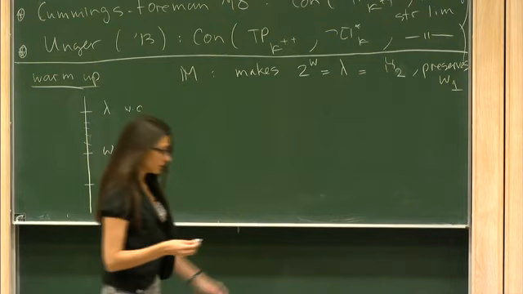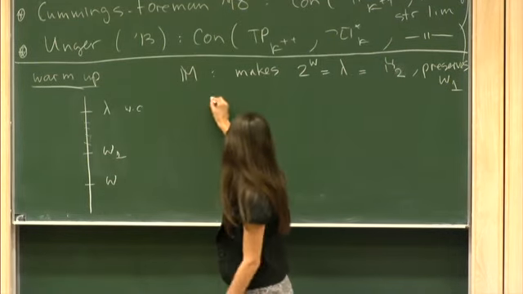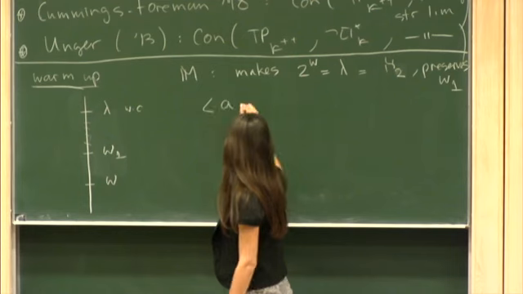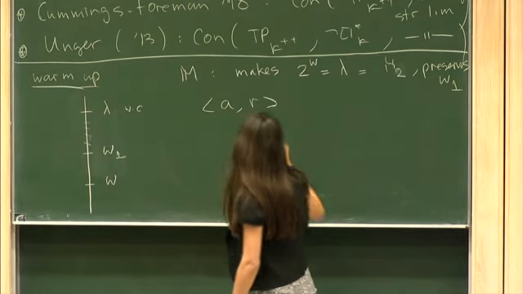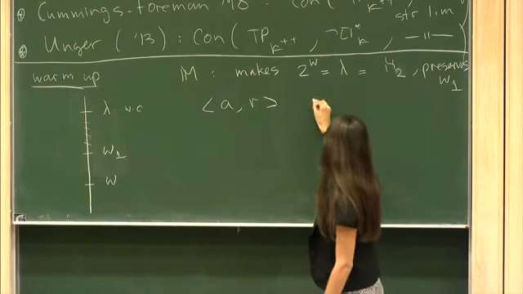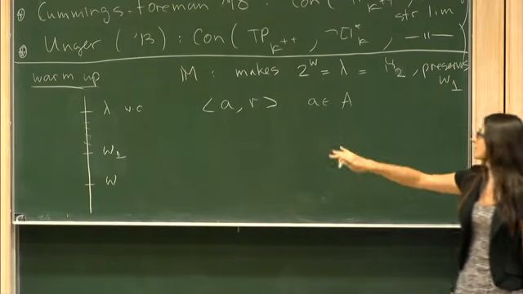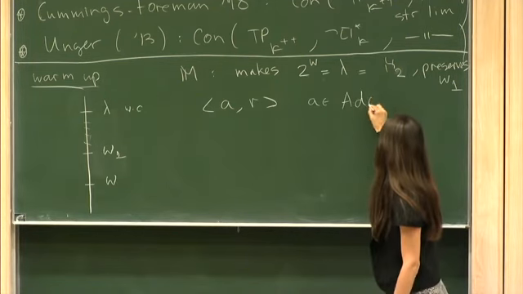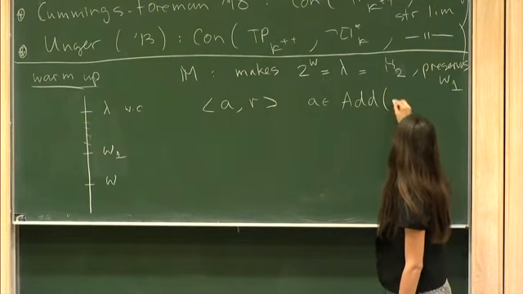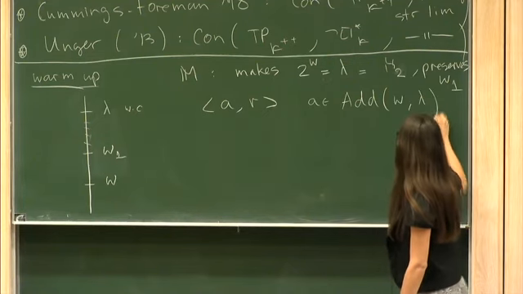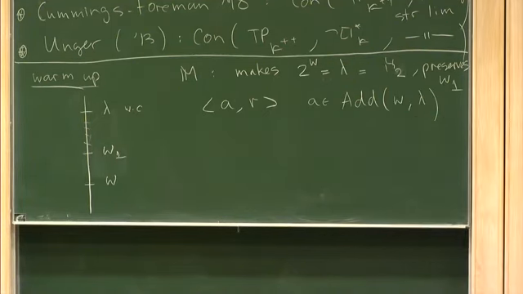And the forcing has two components: A, R, where A is the Cohen poset Add(omega, lambda), which denotes the poset to add lambda many subsets of omega.